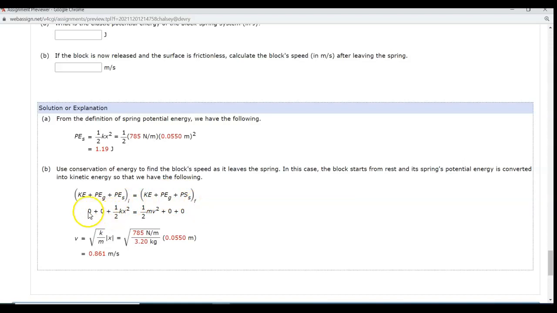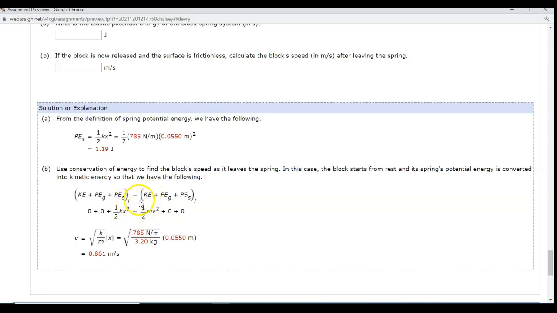So we use the kinetic energy to start with is 0, the potential due to gravity 0. So this is moving in the x direction, it is not moving in the y direction. And the potential energy of the spring, 1/2 times the constant times the distance squared.